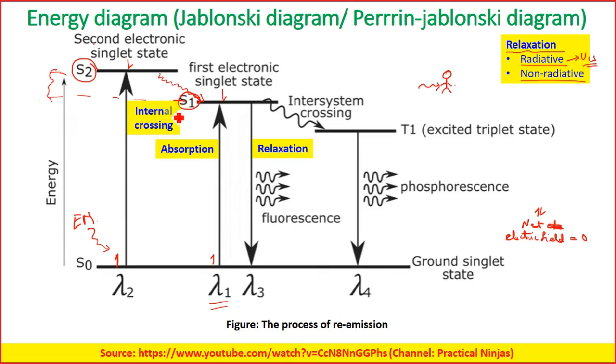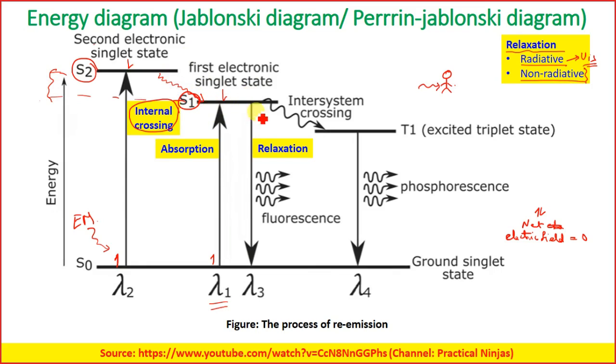This process of losing energy and coming to the lowest energy of the excited state is a non-radiative process, and the process is called internal crossing. In the excited state itself, it is trying to go for the internal crossing.